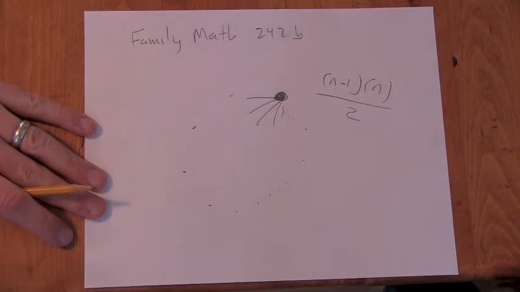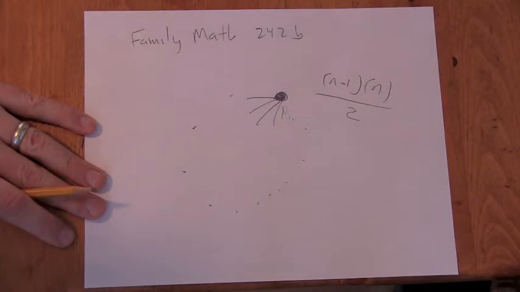We did something with that. Seems familiar, but n times n minus 1 over 2. Ever seen that before? I think... I've seen it, but I can't place it.